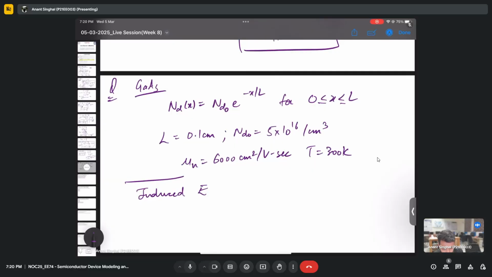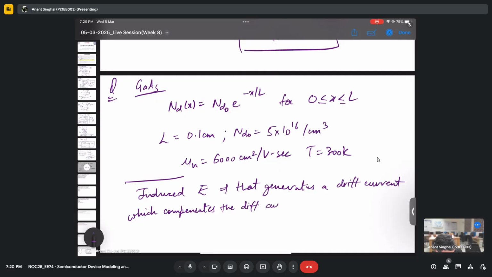By induced electric field, it means the built-in electric field that generates a drift current density which compensates the diffusion current density.